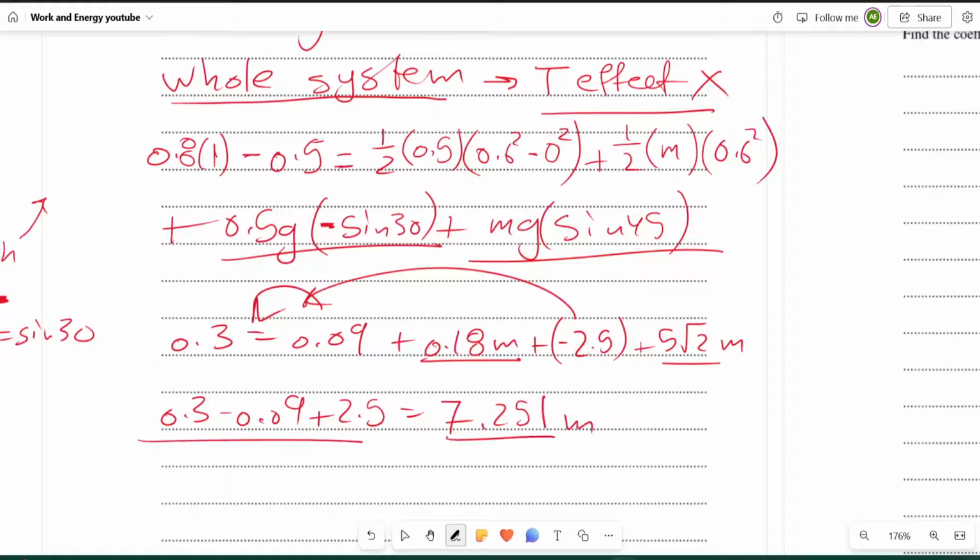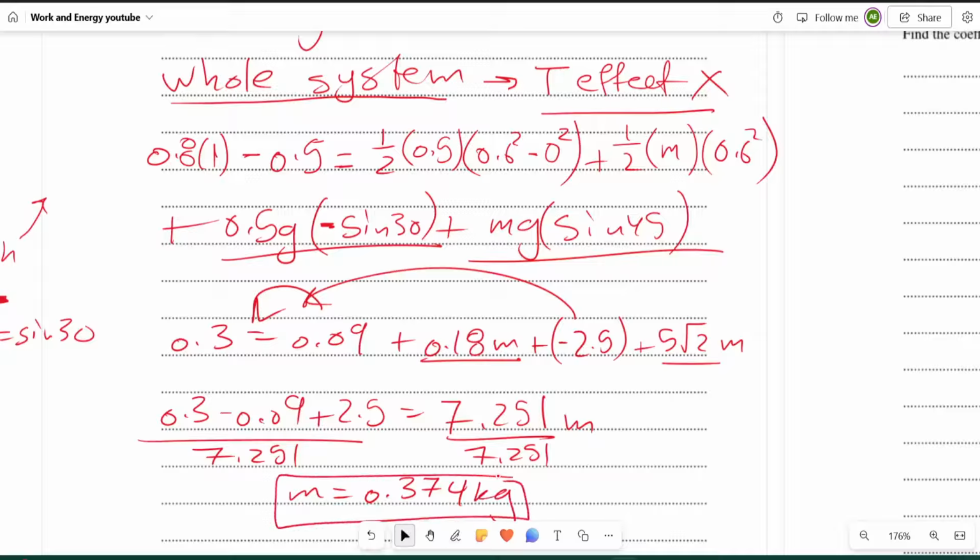Adding all of this and dividing by 7.251 on both sides, m is going to equal 0.374 kilograms, and this is how to use the energy method to solve.